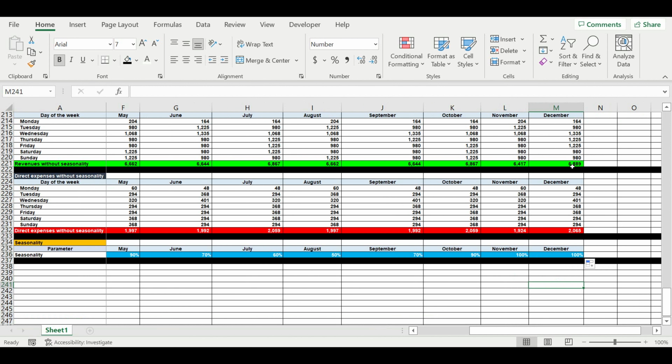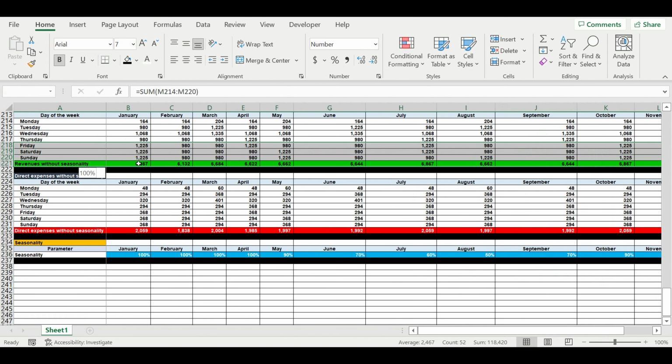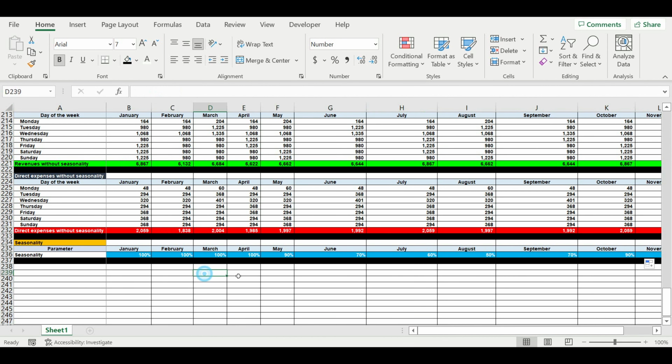So 100% is this value, and then we decrease it in summer months to see how seasonality will affect the revenues, expenses, payback period, profits, and the amount of financing that we need.